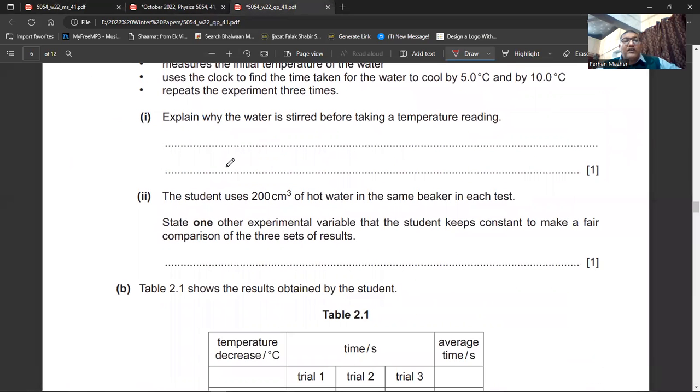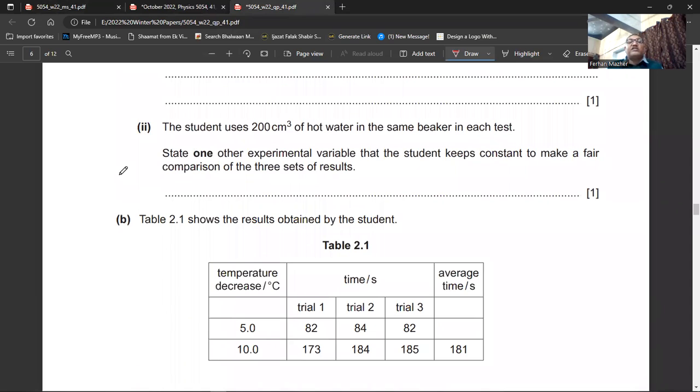Explain second part. The student uses 200 cm³ of hot water in the same beaker in each test. State one other experimental variable that the student keeps constant to make a fair comparison of the 3 sets of results. You see, every time you take the reading, you make sure that the initial temperature from where you note down the 5 degree drop or 10 degree drop in temperature should be the same in all 3 cases.